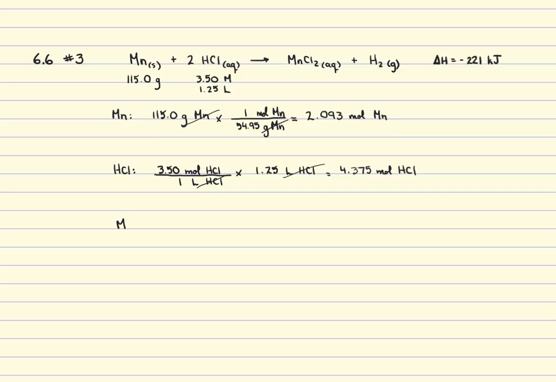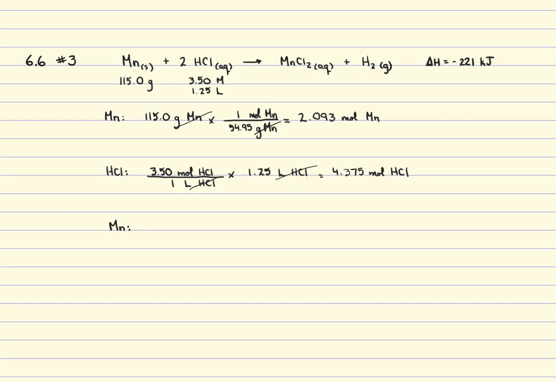So again, I'm going to set this up with 2 separate equations, figuring out how much hydrogen gas is produced with the amount of manganese that I have, and then also with the amount of hydrochloric acid that I have. So you can see the power of the mole in each of these cases. Note also that I'm not rounding off really at all for sig figs until the end of all of this.